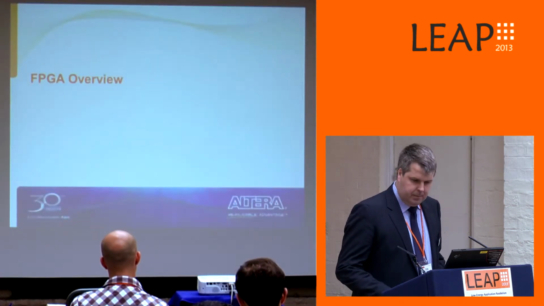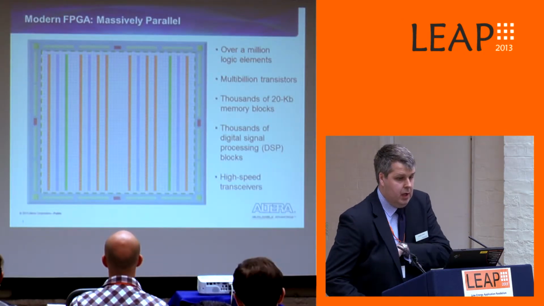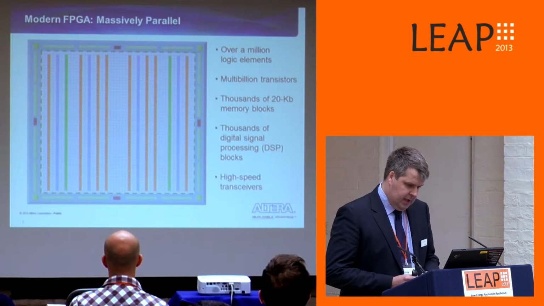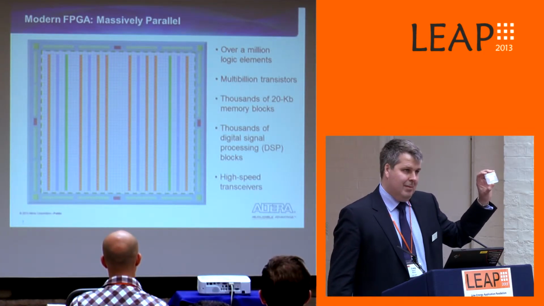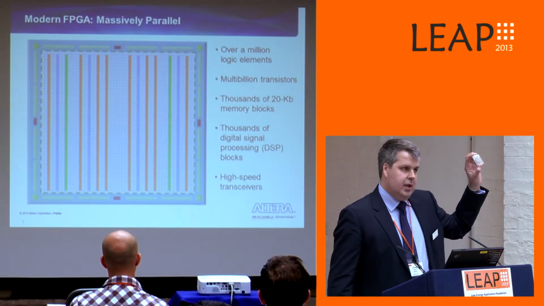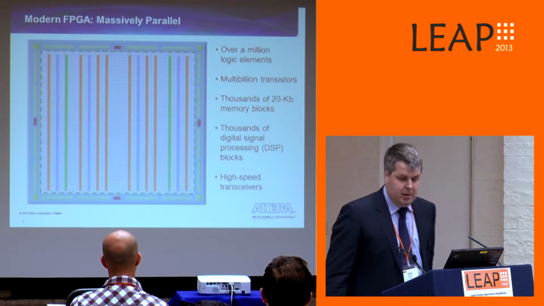Okay. So an FPGA overview itself. FPGAs are built up of logic elements. What I've got here is a die sample of one, and they're big die. This has got 4 billion transistors on it. It's not the biggest FPGA we build. There are bigger ones than that as well.